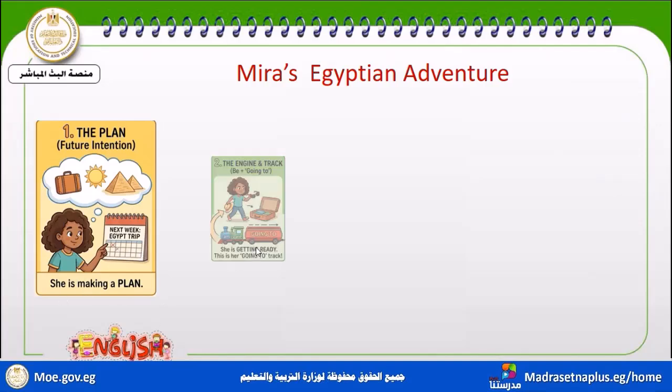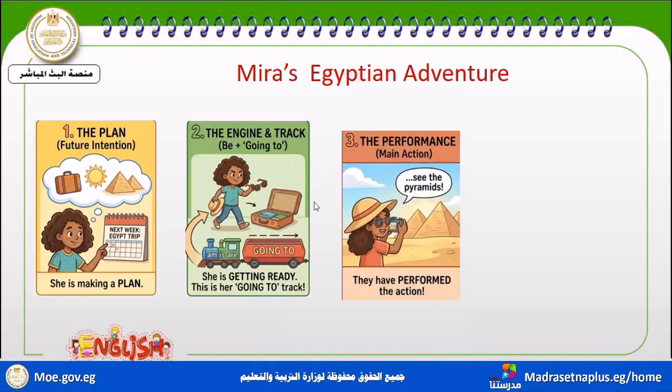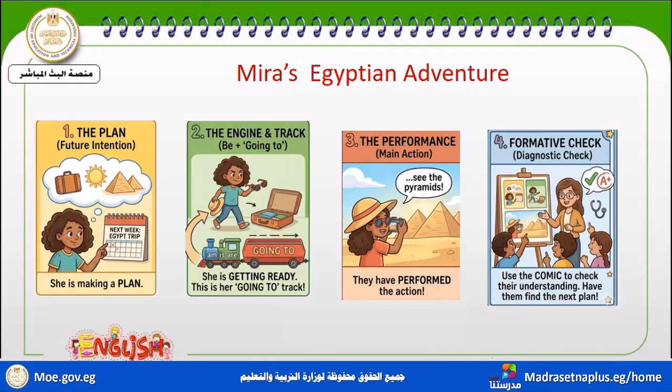So she is making a plan. Her plan includes the things to pack, and now she is performing her plan. And don't forget that we have the three P's for plans.